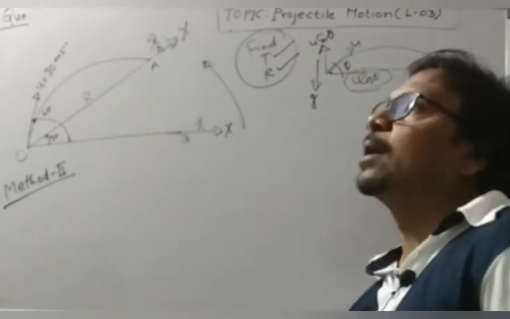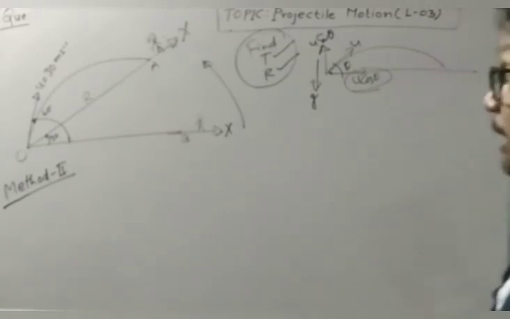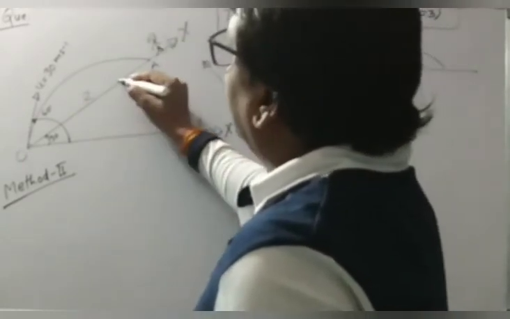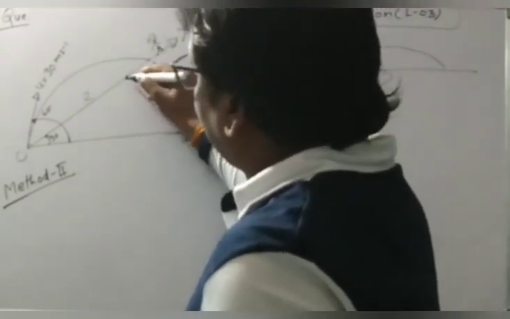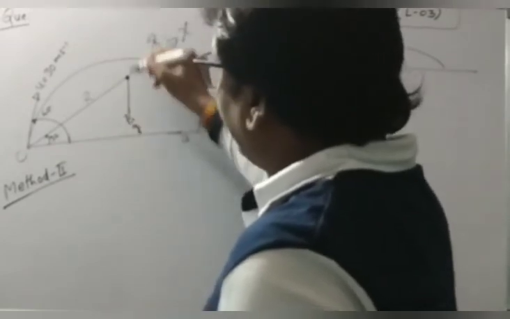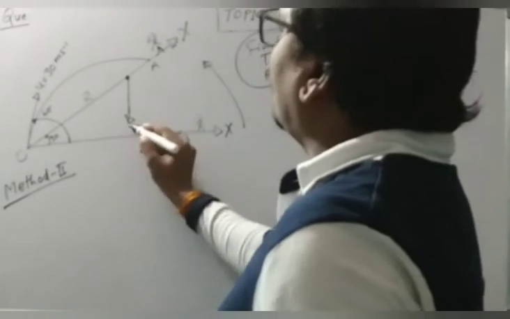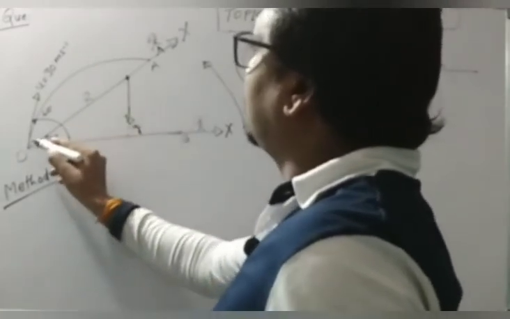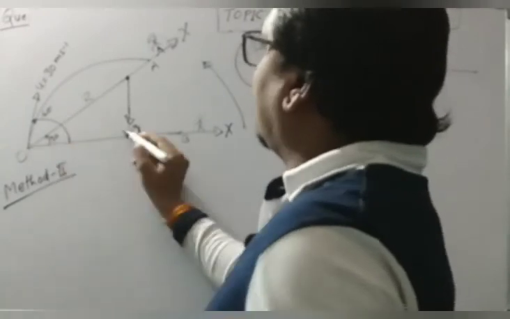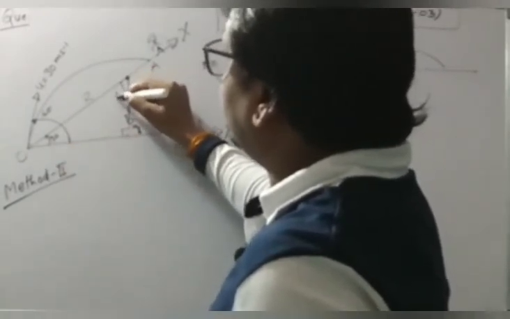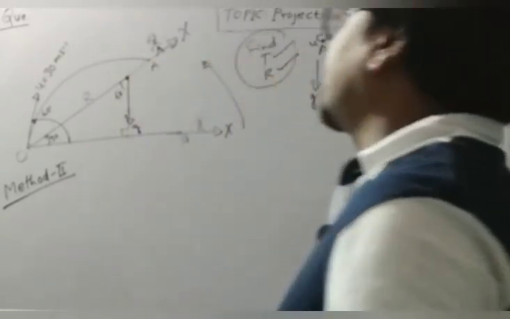Okay. So in this case, if the person is standing here, still the acceleration due to gravity will act vertically downward. Okay, and so this angle is 30, and this is definitely 90. So what will this be? This will be 60.